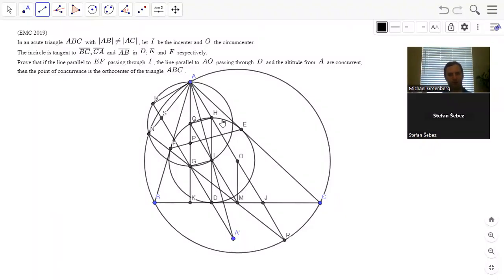And from here we can actually do stuff, because this condition that H is on the incircle is actually good. And then we know that this is a parallelogram. I wonder if that just solves the problem.